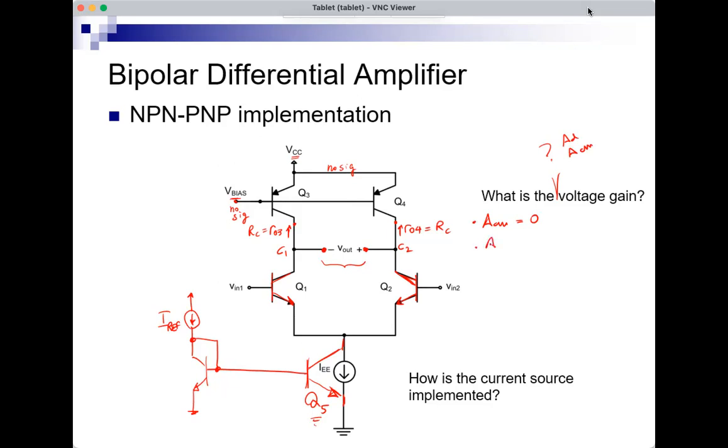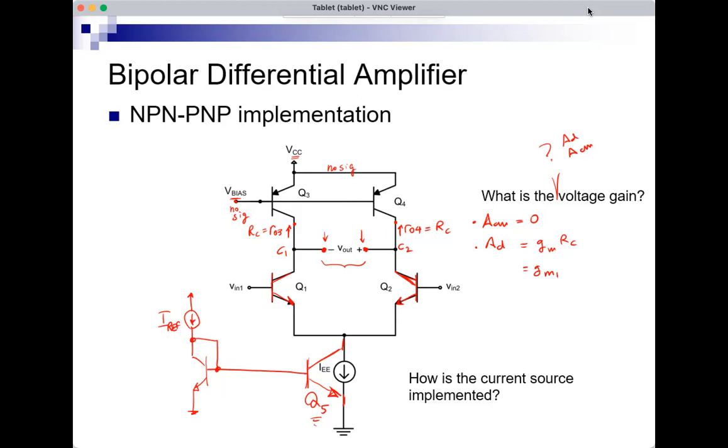AD, again, I'm taking the output differentially with plus here and minus here. So AD would be, from the formula on the previous slide or the slide before it, GM times RC. So which GM and what is RC? GM is GM1, which is equal to GM2.